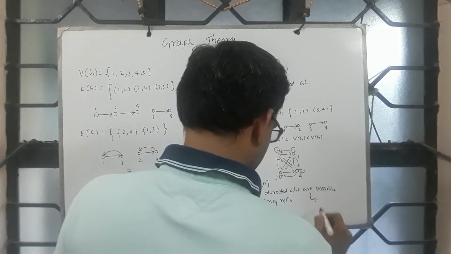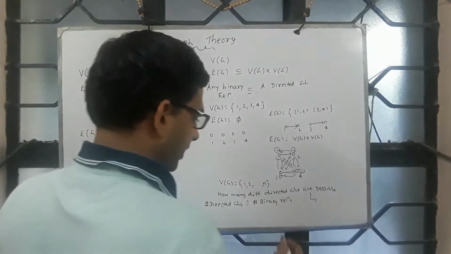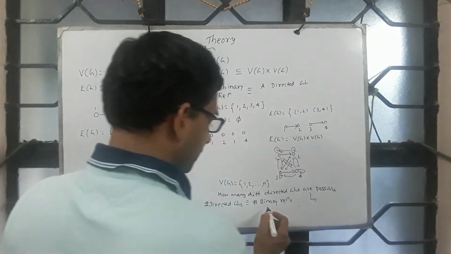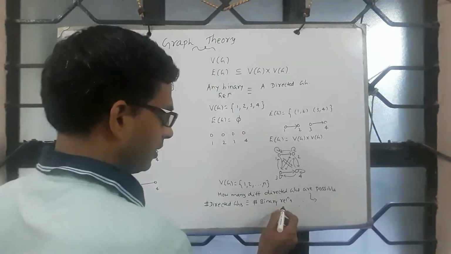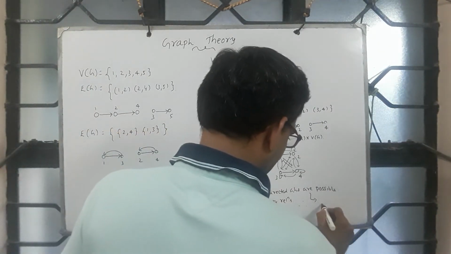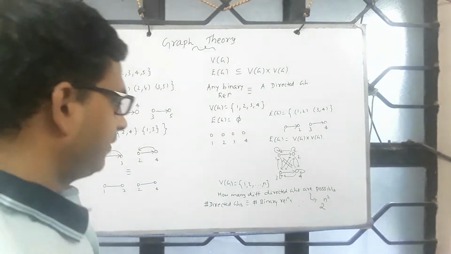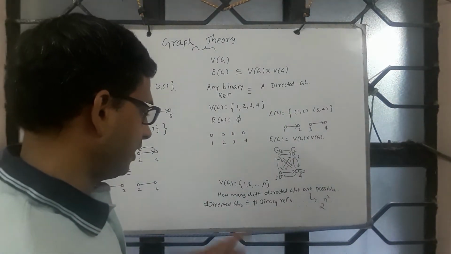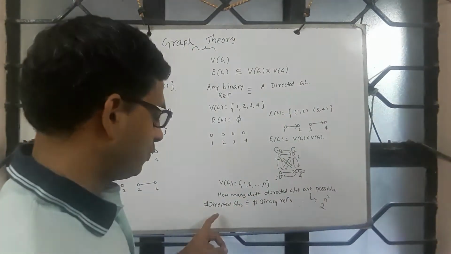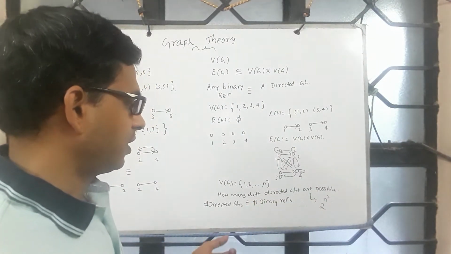So therefore, the count is this. We know that given a set of size n, the cross product size is n square. So the number of binary relations is 2 power n square. So the number of directed graphs is 2 power n square. Given a set of size n, one can draw 2 power n square different directed graphs.